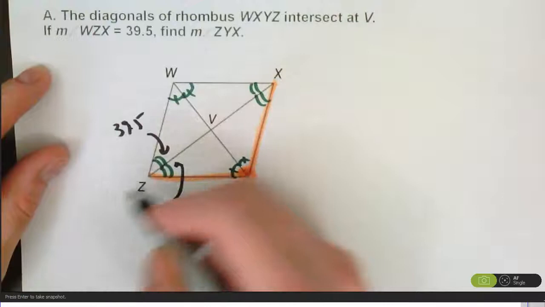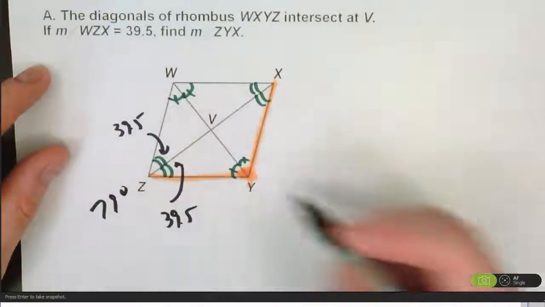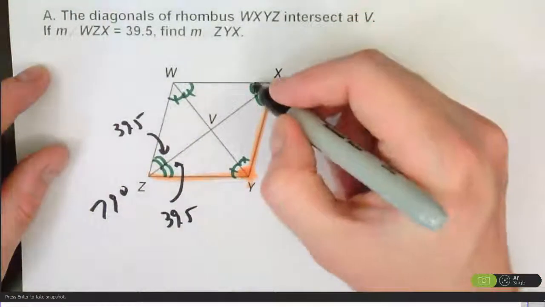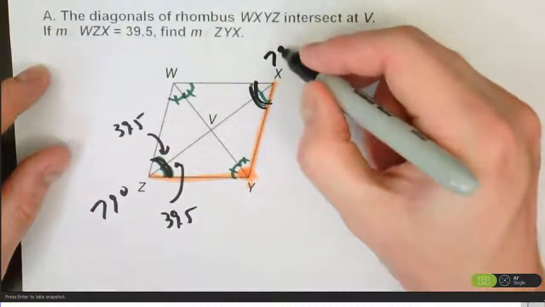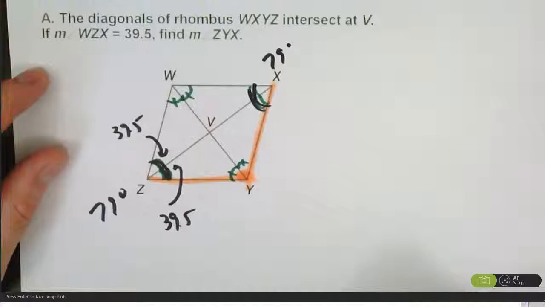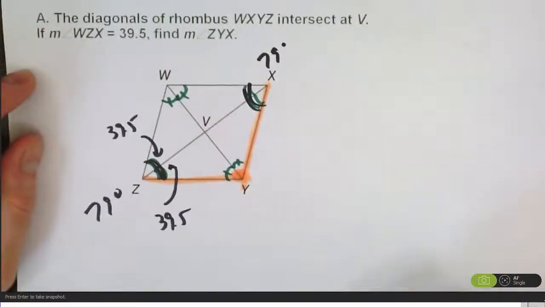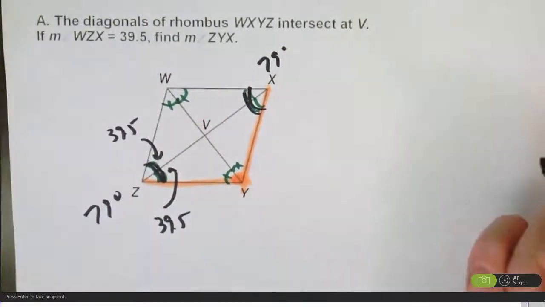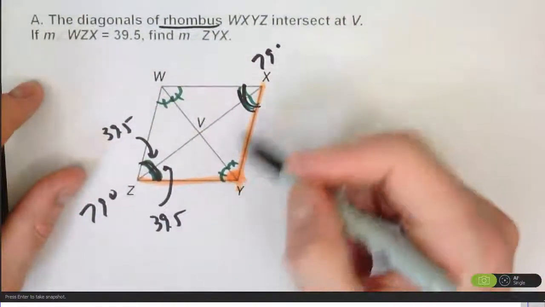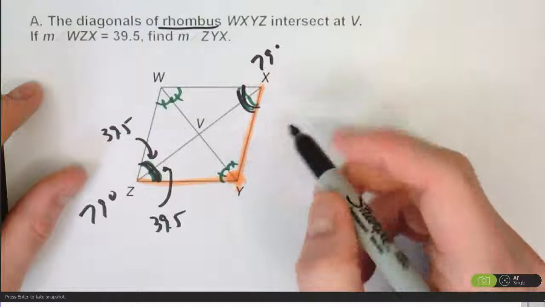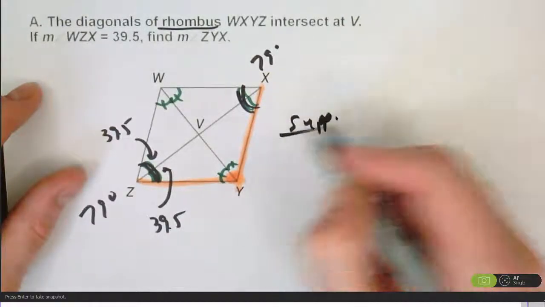Together, that makes 79 degrees. That also means this whole angle here is 79 degrees. And then we had a theorem back in section 6.2 that said, if you have a parallelogram, which you do because you have a rhombus, the consecutive angles aren't congruent, but they are supplementary.